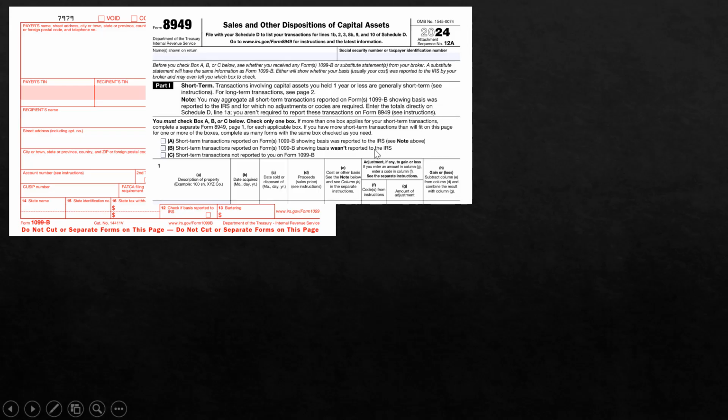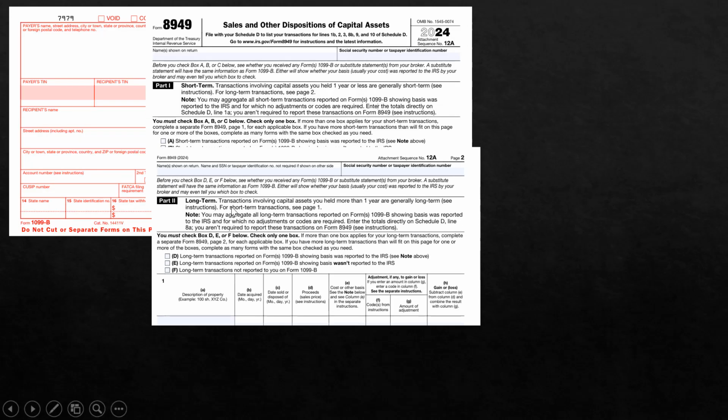Use this form to fill out Form 8949, and you have a Part 1 for short term and a Part 2 for long term on this form. Your information on this form is kind of like a transaction log. It includes the details of what you sold, when you bought it, and the gain or loss on each sale.